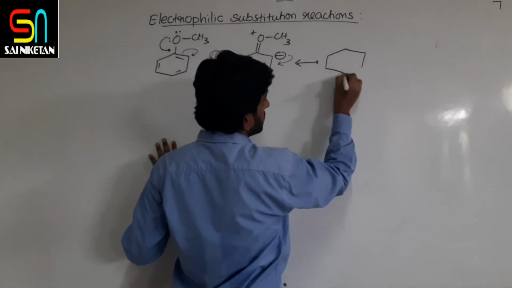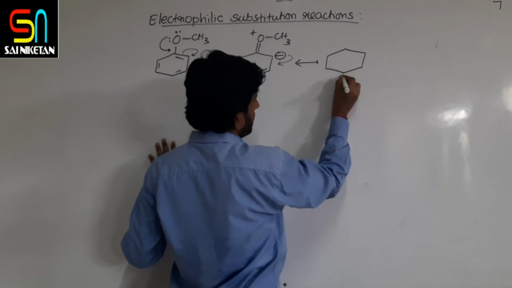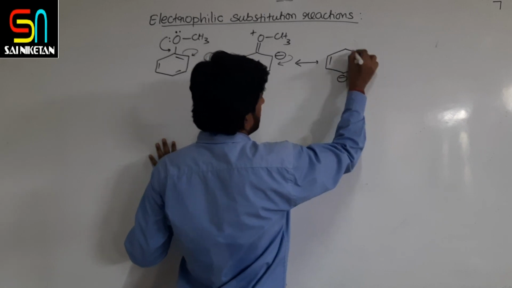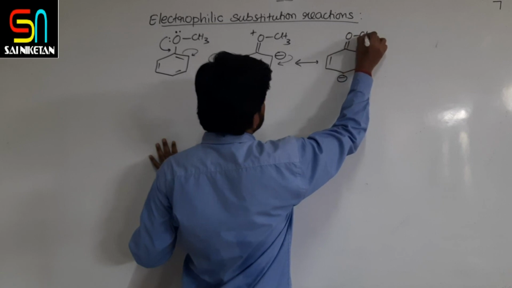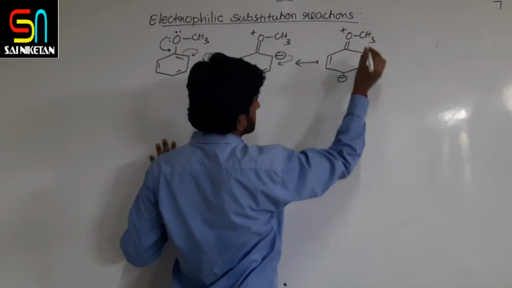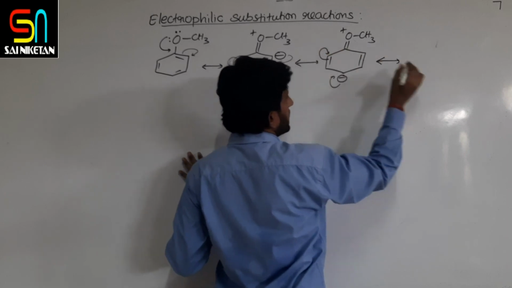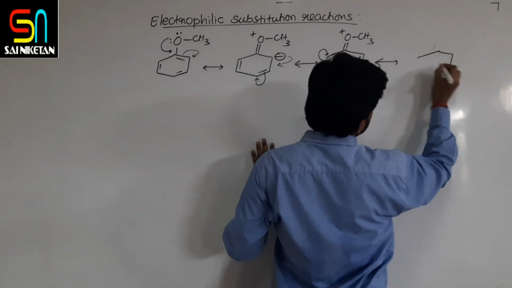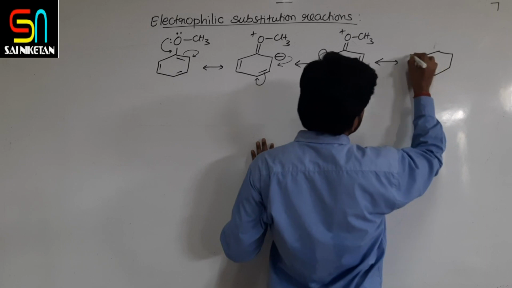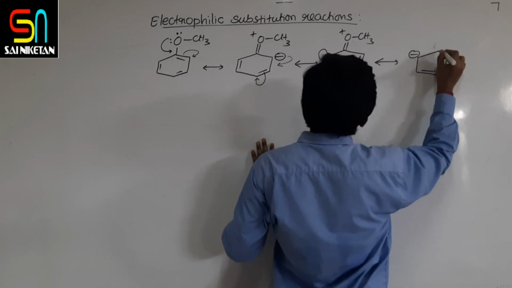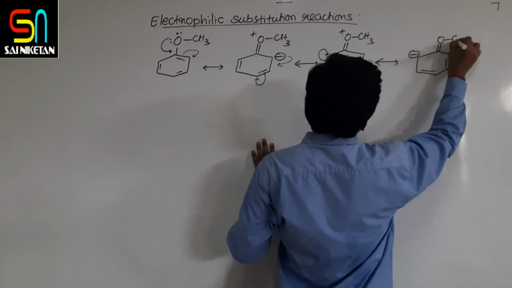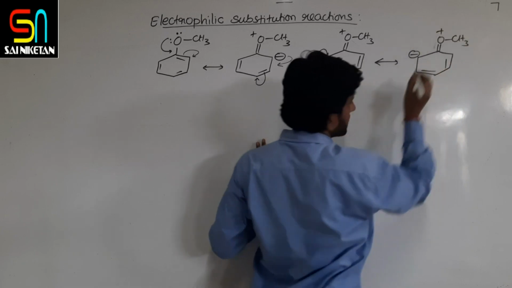This is similar to what we have seen in phenol. Phenol also we have seen this type of mechanism, resonance. This will shift here. So these are the resonating forms. Mesomerism is happening like this, right?